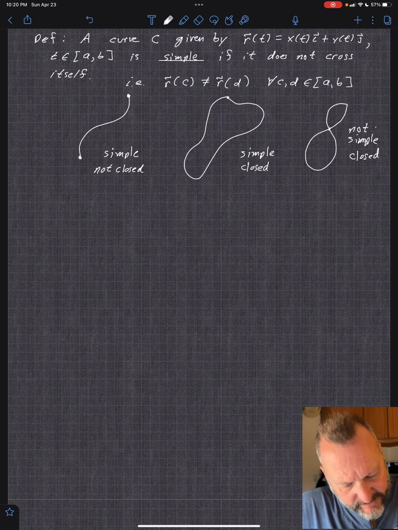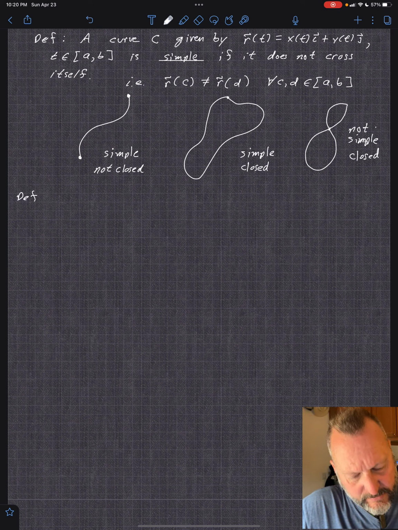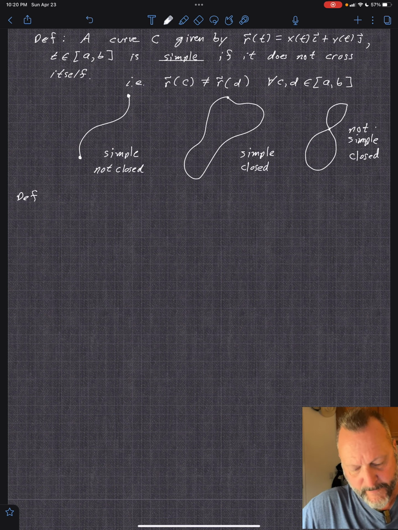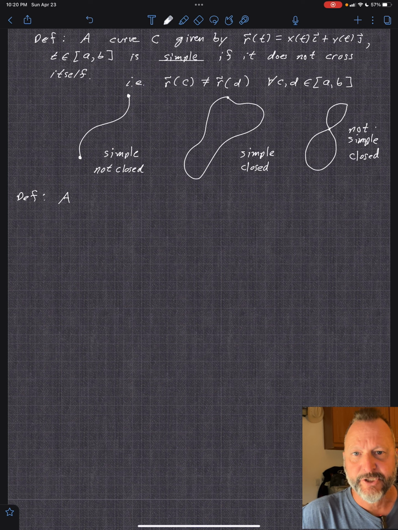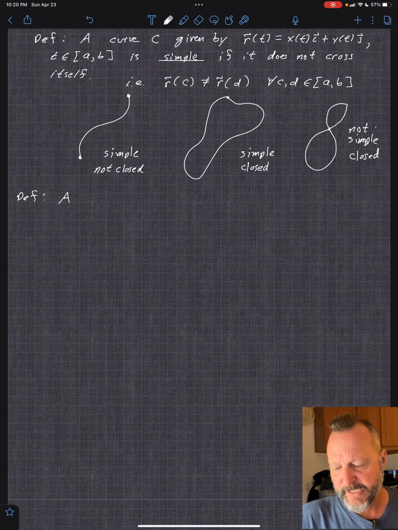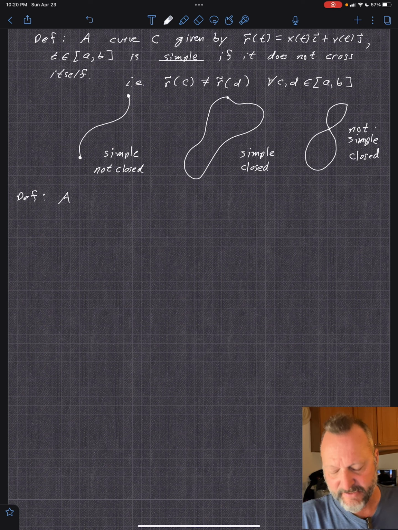Okay, so next definition. A plane region R is simply connected is the next thing.